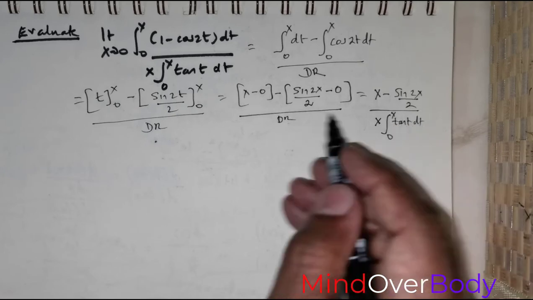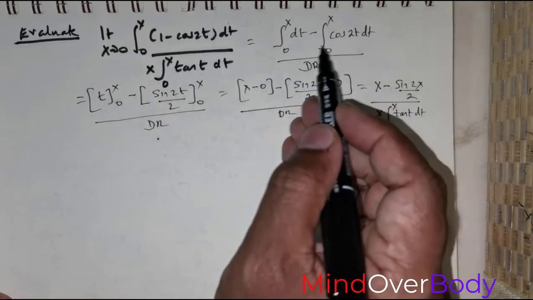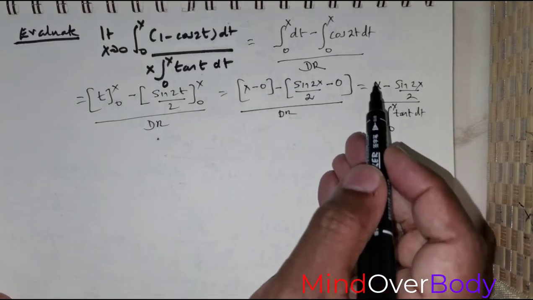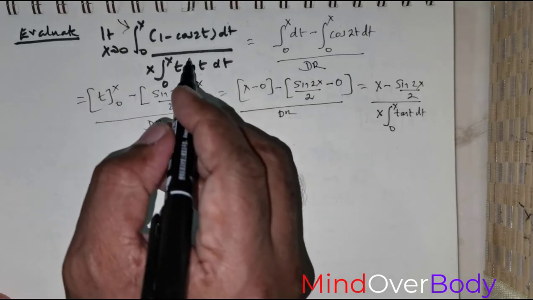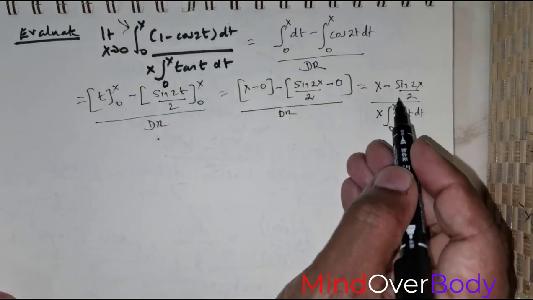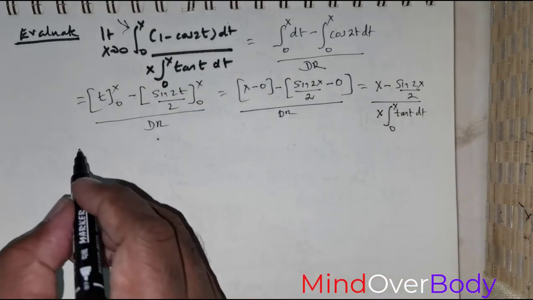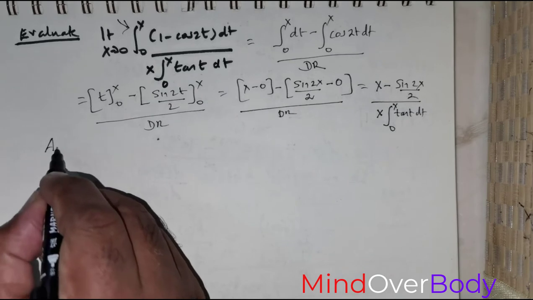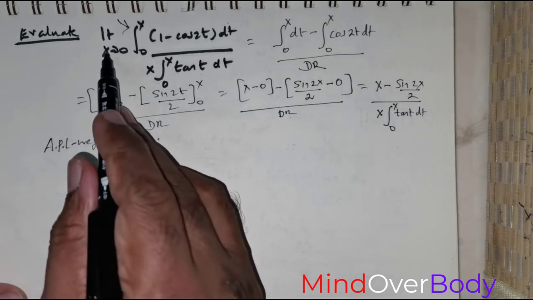Now what is this exactly? The quantities that we have just obtained in the numerator, it is nothing but the application of the integral, and that has resulted as this value. Now we need to apply the limits, right? So let's do that. Applying limits, we get, so what is the limit? X is tending to 0.